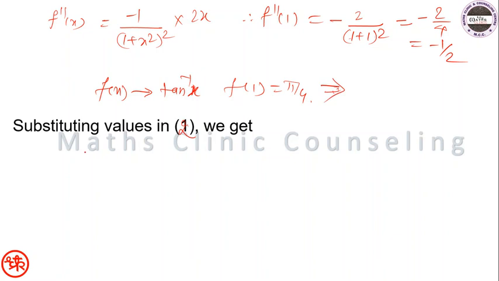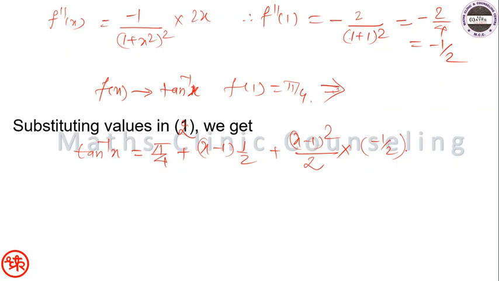From the above results, you will get tan inverse x is equal to f of 1, that is pi by 4 plus x minus 1 into f dash of 1, how much is f dash of 1? 1 by 2, plus x minus 1 whole square by 2 factorial, is 2, into f double dash of 1, how much is it? Minus 1 by 2, plus dash dash dash.